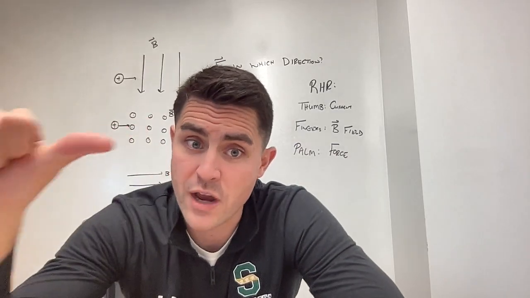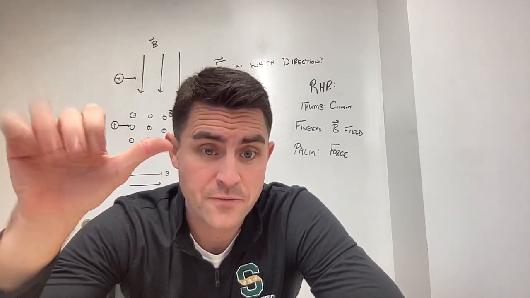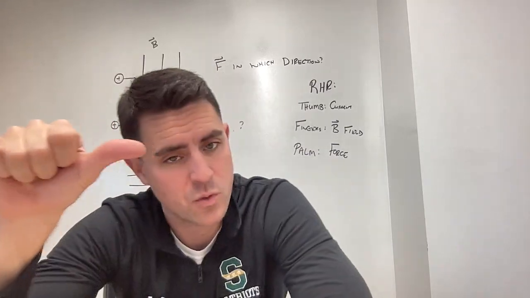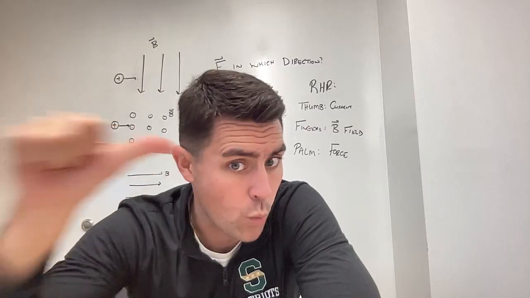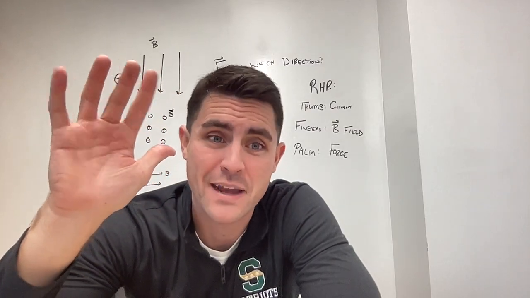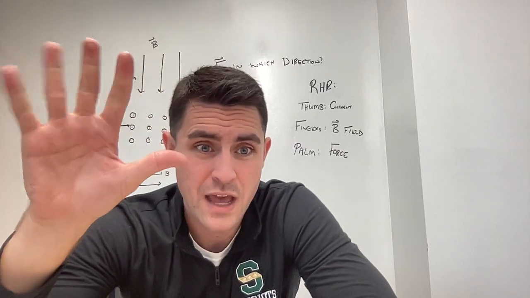But the thumb is the direction of the current on the right hand. The fingers represent the B field. Usually I have one charge, or at least one line of charge. I'm talking about a wire, but in this case, one charge, one thumb. I have many fingers, and a B field has many field lines. These fingers look like field lines. So I've got a charge, and I've got a field.